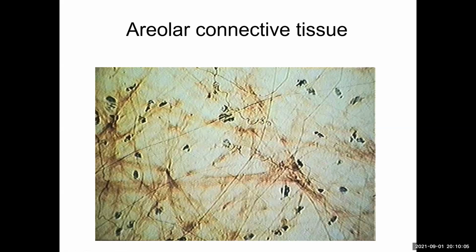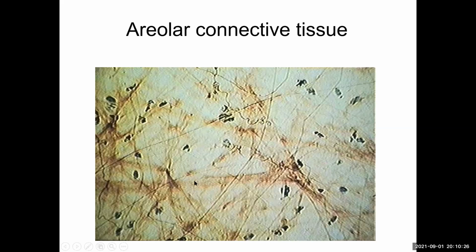Looking at connective tissue proper, we have two subdivisions, loose and dense. Both loose and dense have three types of connective tissue. This is the first type of loose connective tissue, areolar connective tissue.